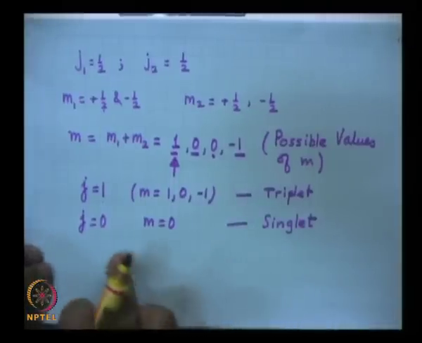Okay, I will come back to this in a moment, but before that let me give you another example. Let me consider the interaction of the orbital angular momentum with the spin angular momentum. So, there is an interaction energy which is known as the L dot S term.